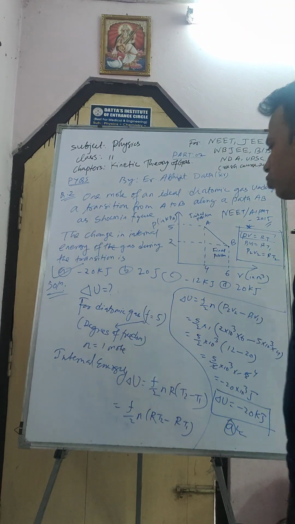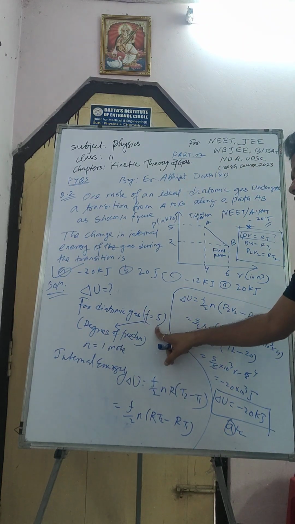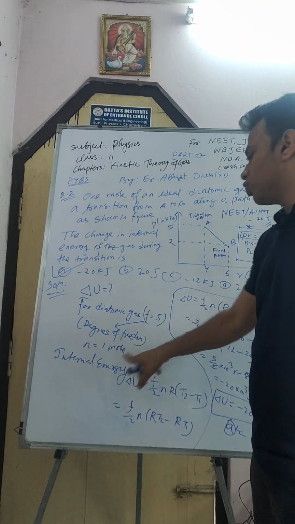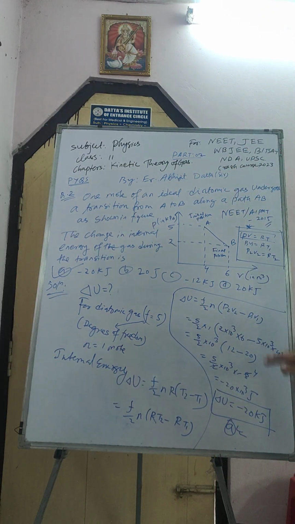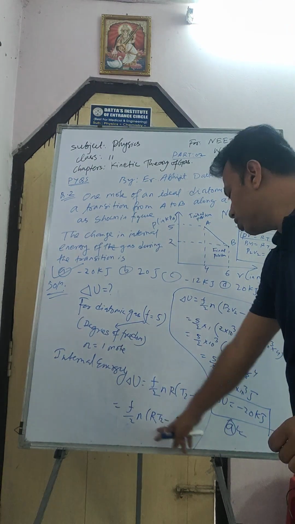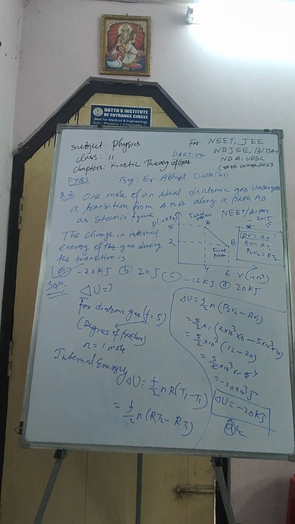For a diatomic gas, we know that the degrees of freedom is 5 and the number of moles is 1. For internal energy there is a formula: f by 2 nR del T, that is T2 minus T1. If I multiply this R with this, I will get R T2 minus R T1, and after that we will get P2 B2 minus P1 B1.